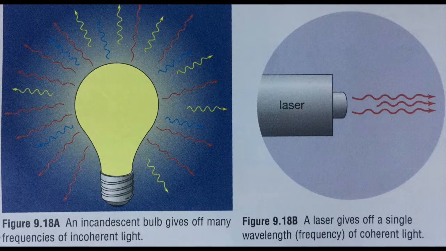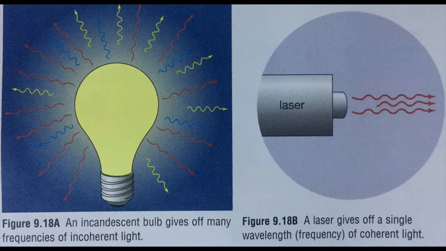As you have already seen, an incandescent light bulb gives off many different colors. In terms of the wave model, this means that many different frequencies and wavelengths are produced, as shown in figure 9.18a.